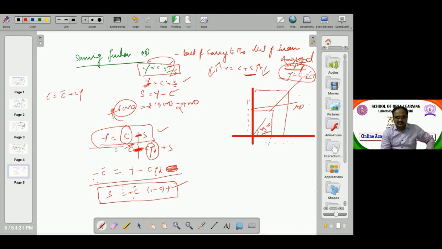We want S, so minus C intercept, 1 minus c times Y, plus S. Simplifying this equation: minus C intercept minus Y plus cY, Y is common, so Y times (1 minus c) plus S. So S is equal to minus C intercept plus (1 minus c) Yd. This is the saving function.